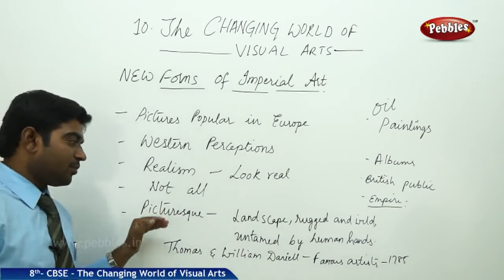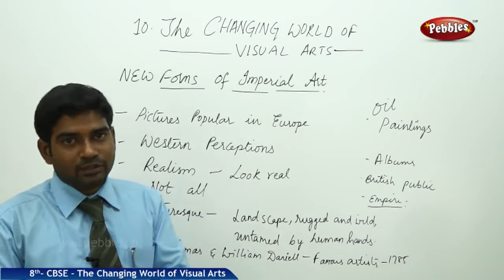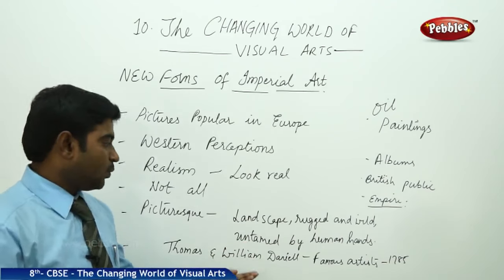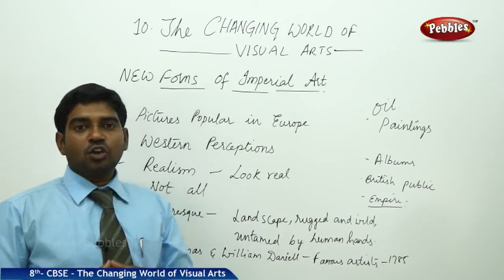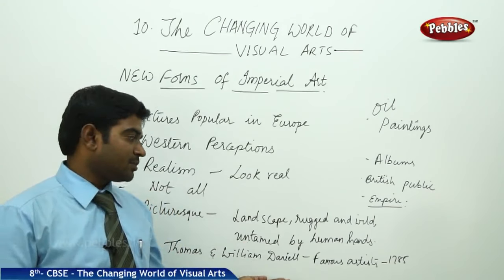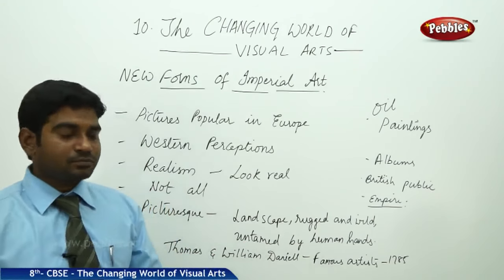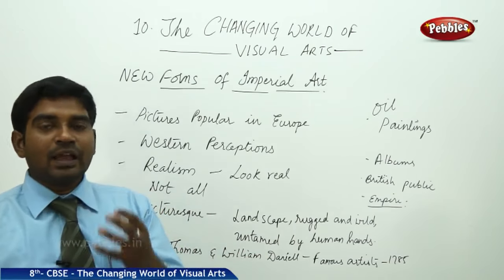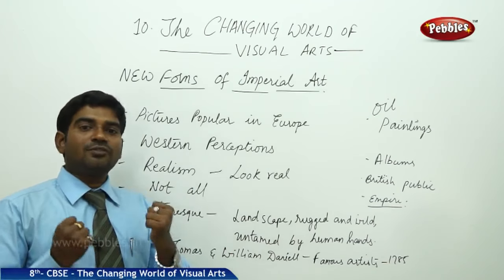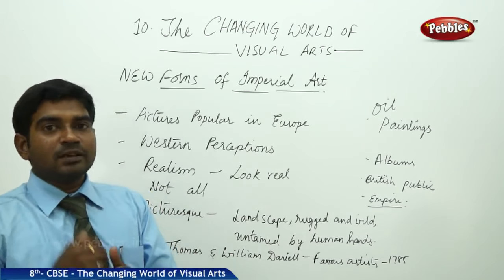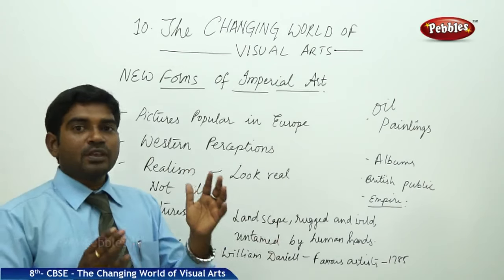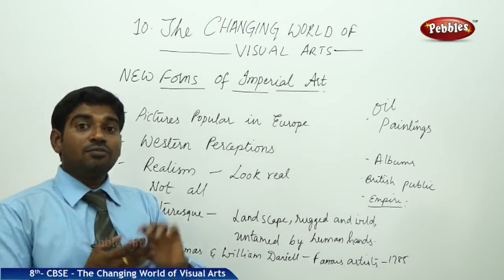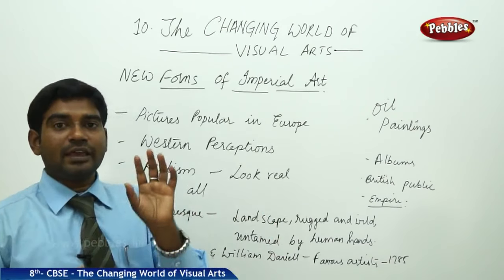Two famous artists who brought fame to the picturesque art were Thomas and his nephew, William Daniell. Thomas Daniell and William Daniell, famous artists of 1785, drew the picturesque of the British rule in India. These picturesques were very famous among the Britishers. These pictures were exhibited to a very closed circle of people in Britain, a very elite community.